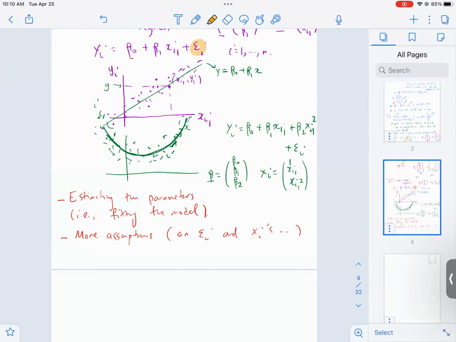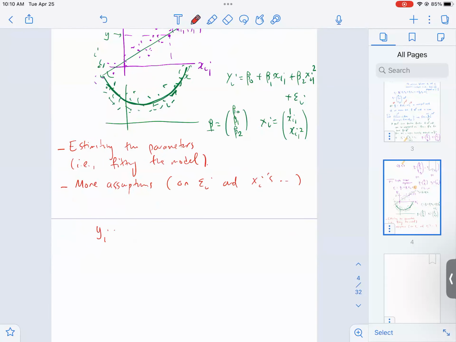In that model there is this epsilon i, which I don't see and can't access. Sometimes I write Yi equals beta 0 star plus beta 1 star xi plus epsilon i, because there is a true beta 0 star and a true beta 1 star, and there is a noise here that I can't see.